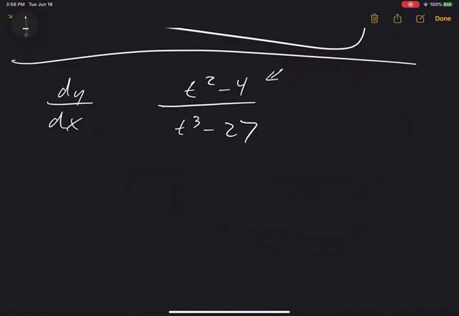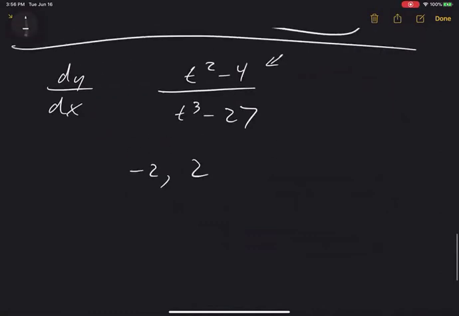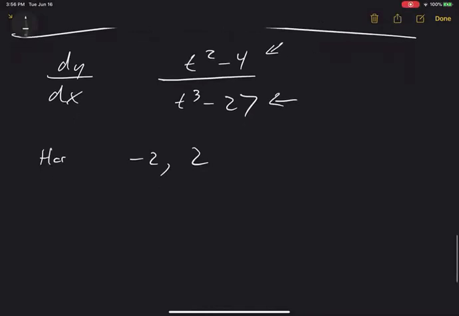Where is that? That's at -2 and +2, right? And then our tangent's going to be vertical when the denominator is 0. Where's this denominator equal to 0? That'd be at +3, right? Now these are the t values, okay?